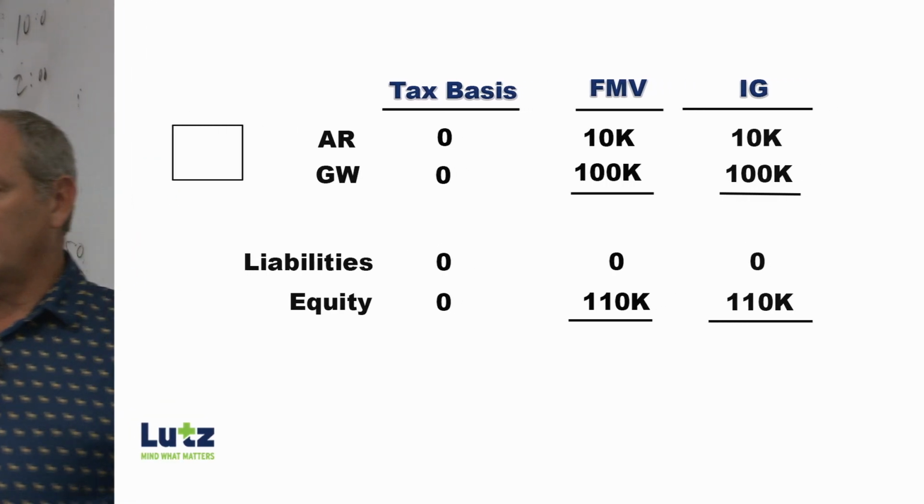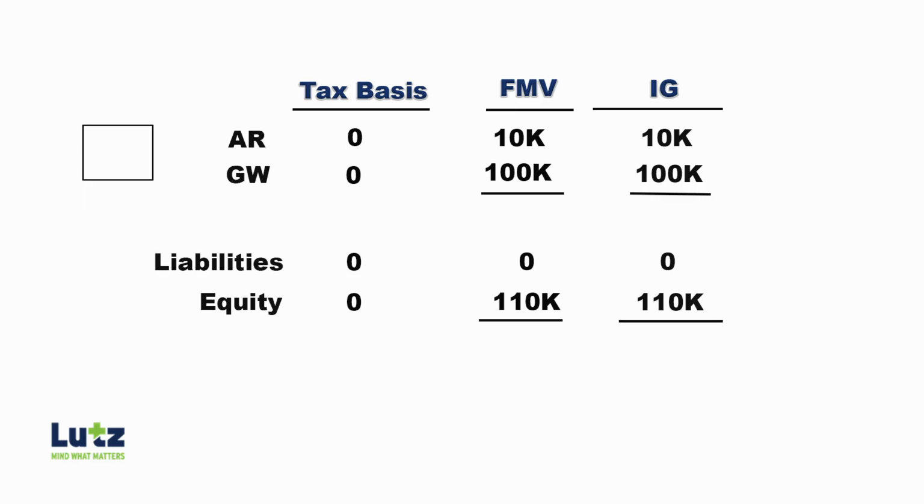So I've gone through the process. I've measured all the assets on an asset-by-asset basis. My AR has an inherent gain of 10,000. My goodwill has an inherent gain of 100,000. And my overall entity-wide gain is 110,000. So we've done that procedure on some level.